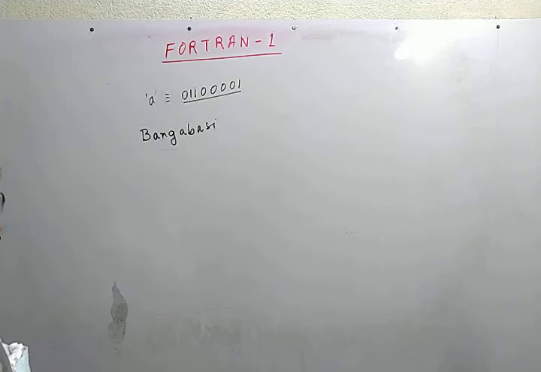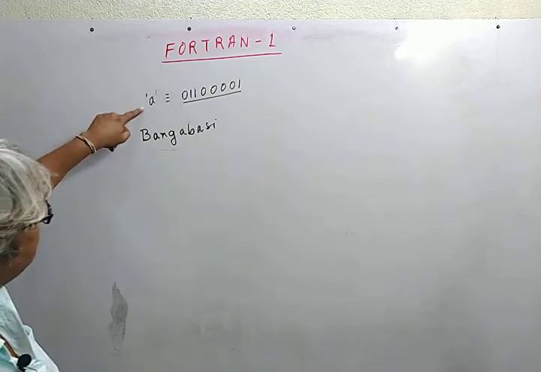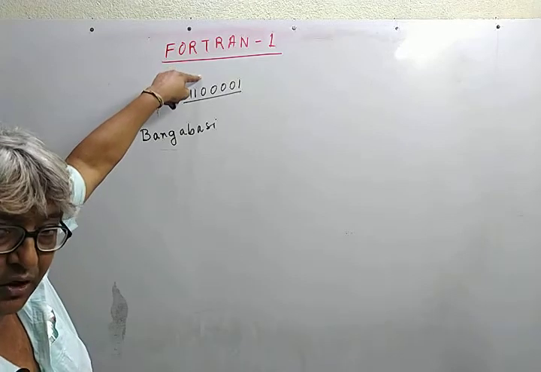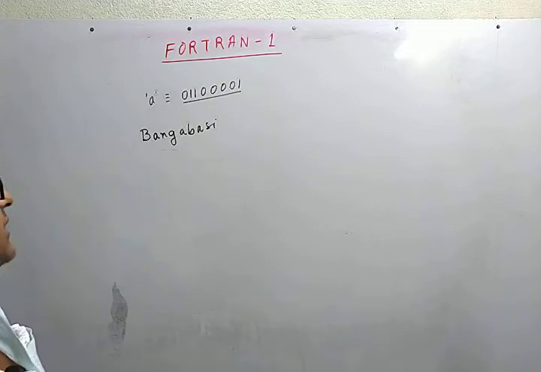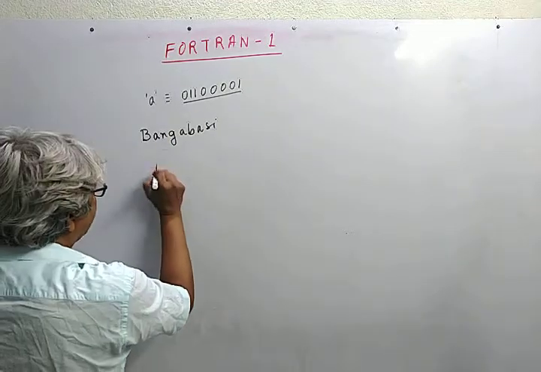Rather, the instructions are given to the computer in a language which is very similar to what we generally say in real life, and there is an agency called the compiler. The compiler converts the message a into this. So we need not write this one, we need to write a, and there will be a different code for capital A.